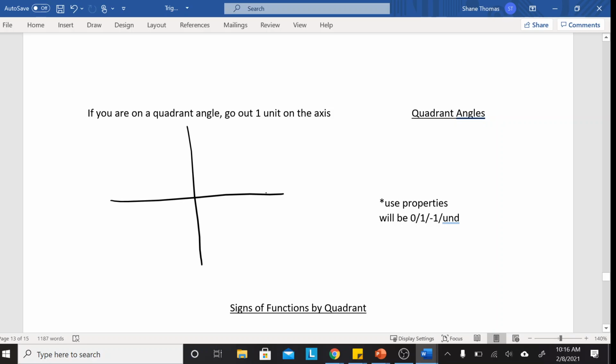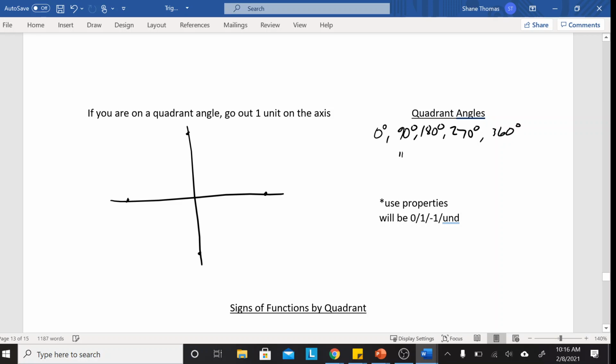If that's the case, you're just going to go out 1 point. So first off, just our quadrant angles. Our quadrant angles are going to be 90, 180, 270, and 360, and 0, too, really, for that matter. Those would be our quadrant angles in degrees.